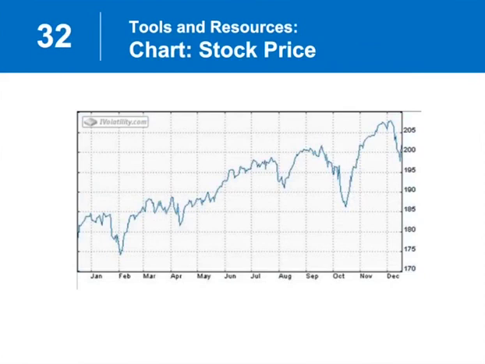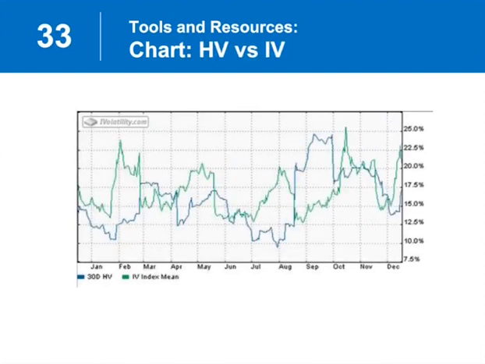The chart on the top is your price chart over the course of the last year. And of course, that's pretty important. But it's this next chart that, to me, is the big enchilada. This is the implied vols versus historic vol.